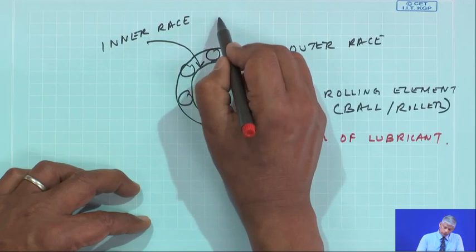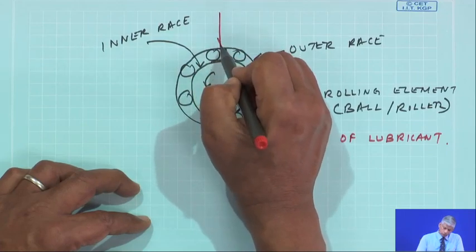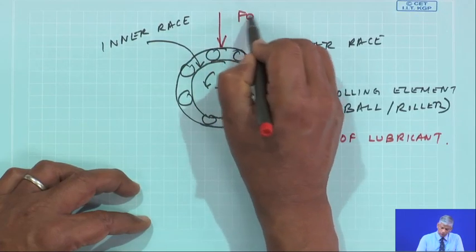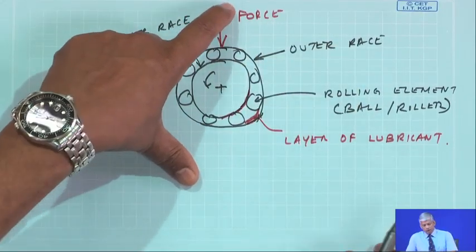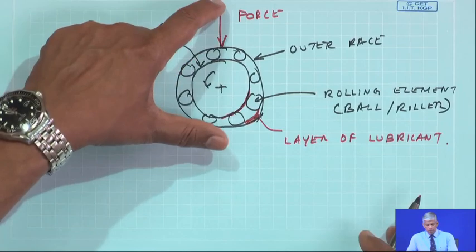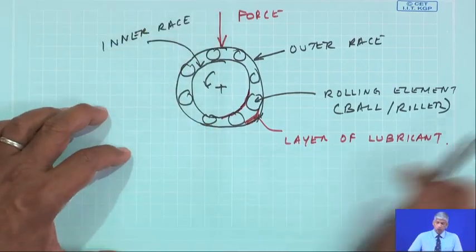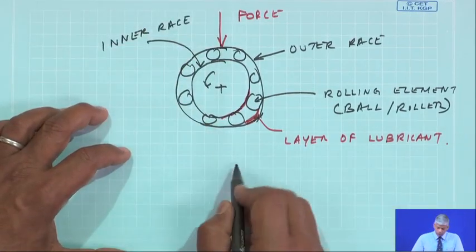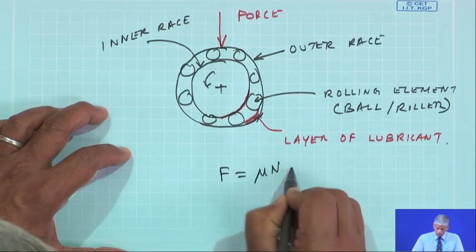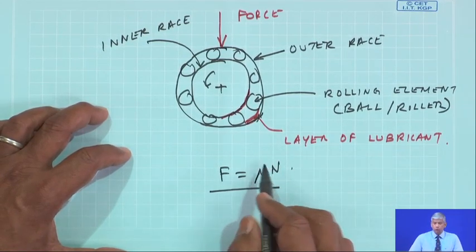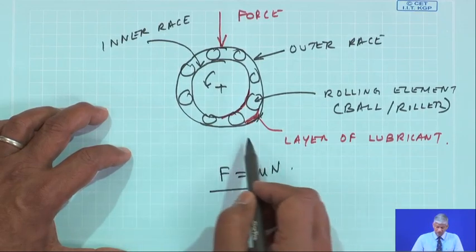Now, what happens if this force increases, some force. Now, what is the origin of this force? It is the reactions which have increased at the supports because of unbalance. So, this force increases, the normal force increases, the frictional force is nothing but mu times N. So, the frictional force will increase.